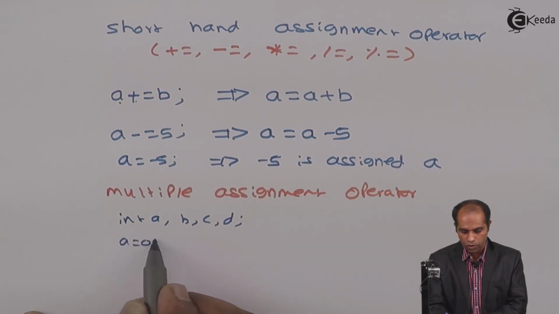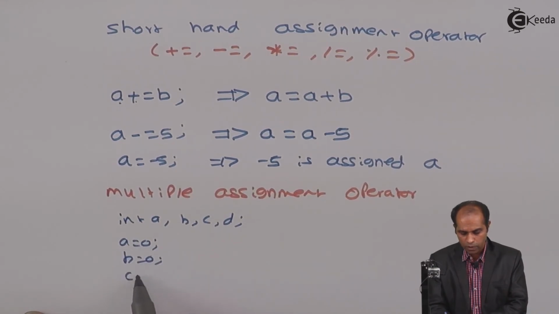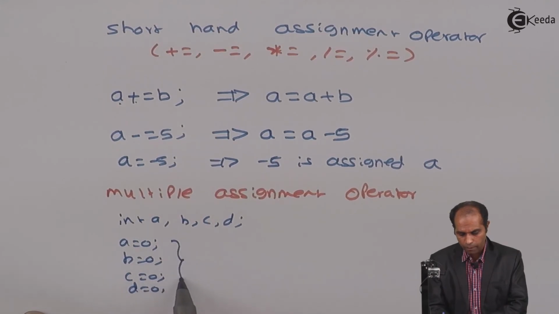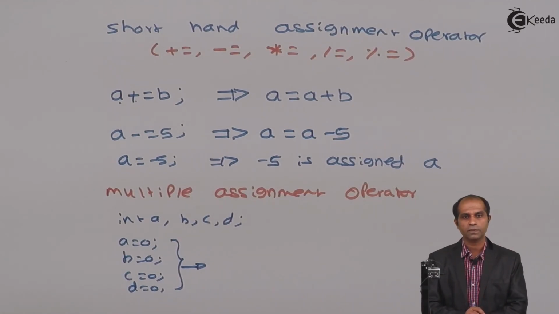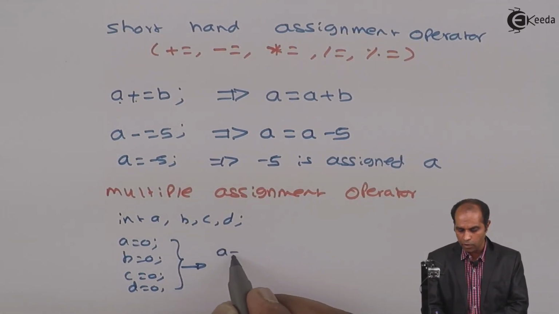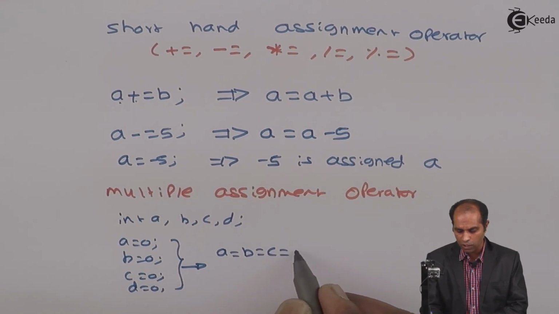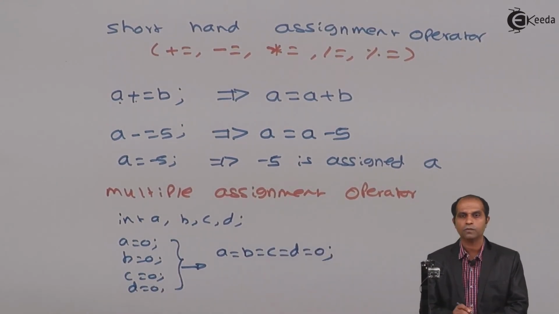I can say a equals to 0, b equals to 0, c equals to 0, d equals to 0. Or I can try one instruction and associate all these variables with one instruction itself. a equals to b equals to c equals to d equals to 0.